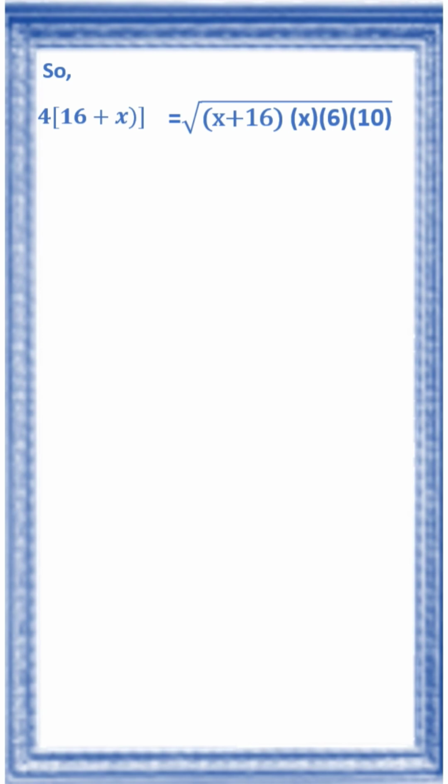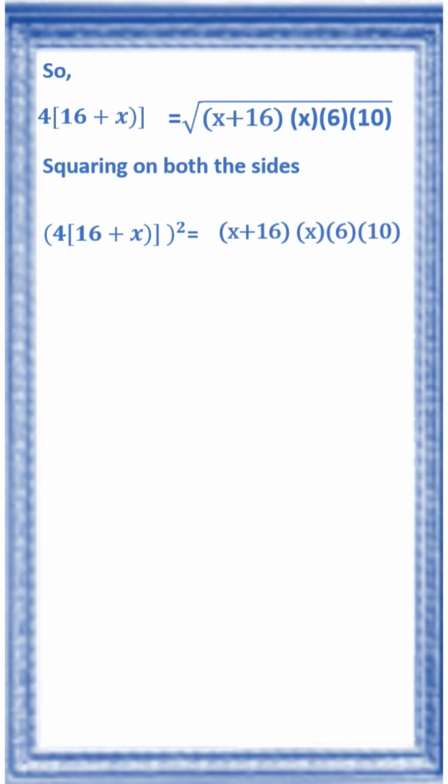So now we have 4 into 16 plus x is equal to square root of x plus 16 into x into 6 into 10. Squaring on both sides, 4 into 16 plus x the whole square is equal to x plus 16 into x into 6 into 10. 4 square is 16 into 16 plus x the whole square, that is equal to x plus 16 into x into 6 into 10.